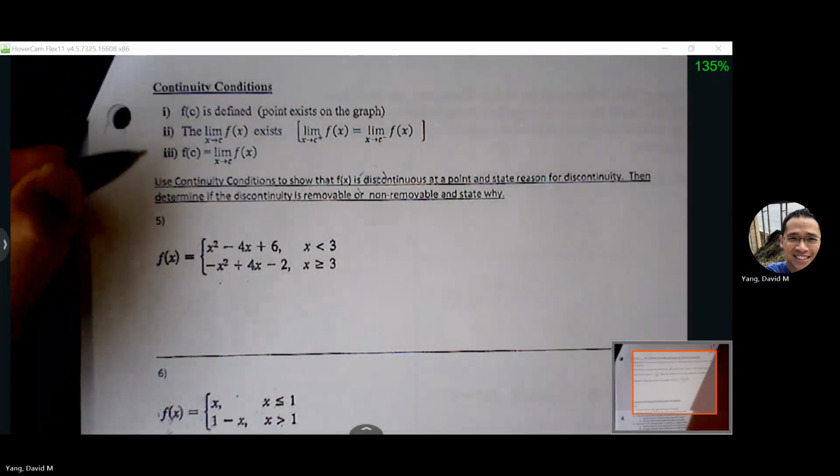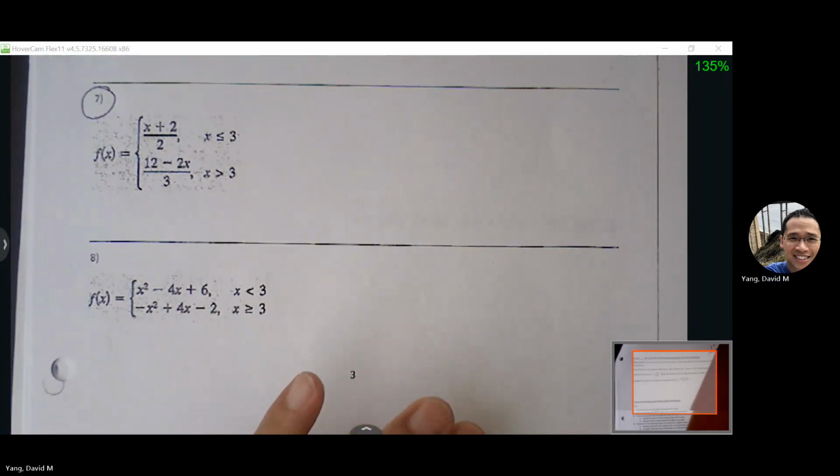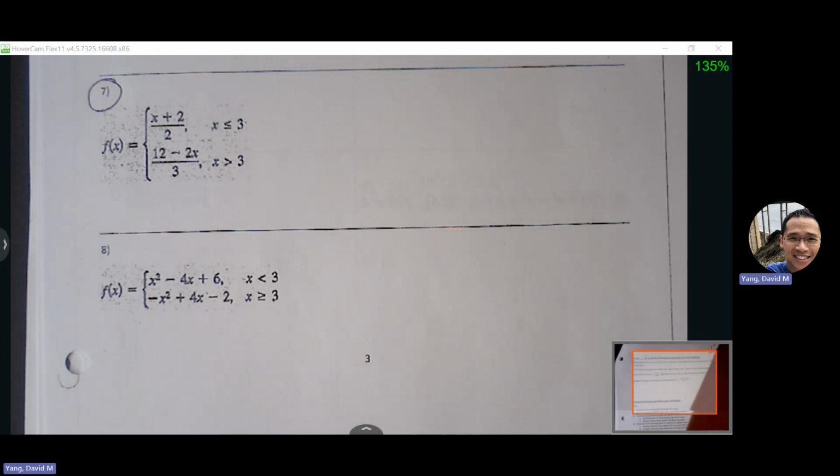We're just going to go through our conditions. Find the point, find the limit, determine if there's a need for one-sided limits.